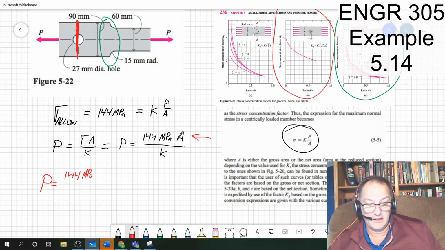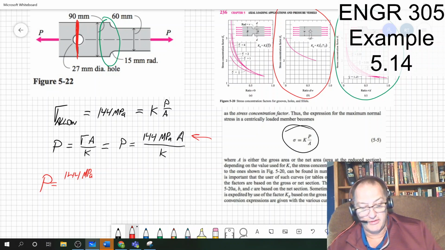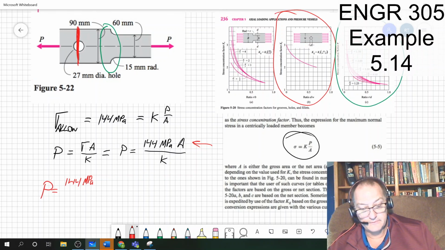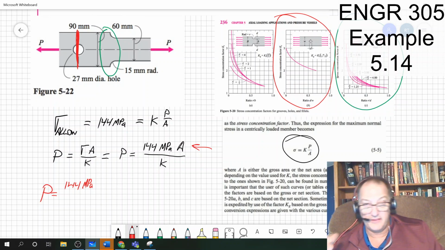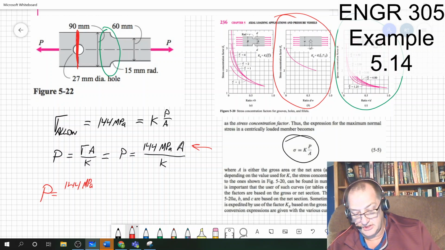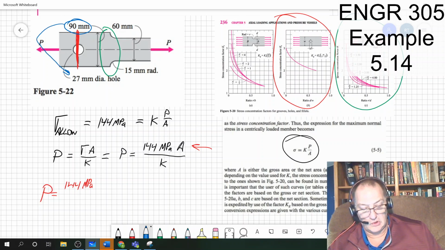There are two different areas I could use. It's the thickness times the width, right? But is my width the 90 millimeters here, or is it 90 minus the diameter of the hole?